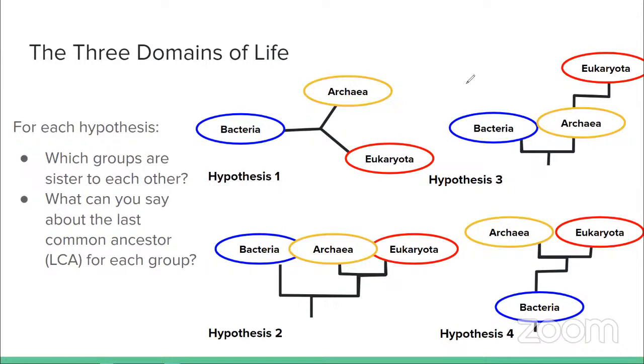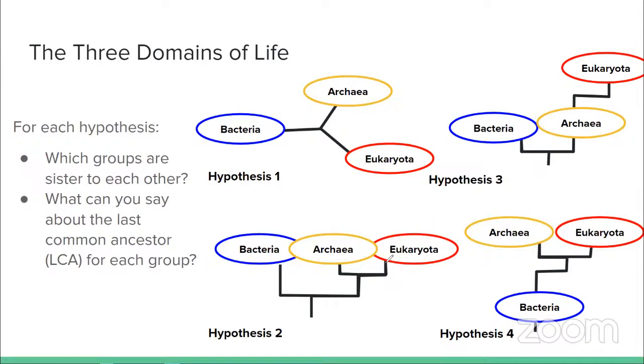For the sister groups question, what could we say about sister groups in general? Do we have similar sister groups in any of these 4 hypotheses? Similar assumptions or similar findings, I guess. What do we see here? Yeah.